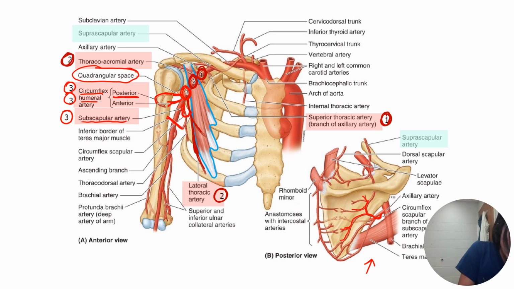And so subscapular gives rise to circumflex scapular and thoracodorsal. And thoracodorsal artery is servicing latissimus dorsi, and it can be seen running with the thoracodorsal nerve, which is providing somatic motor innervation to latissimus dorsi as well.